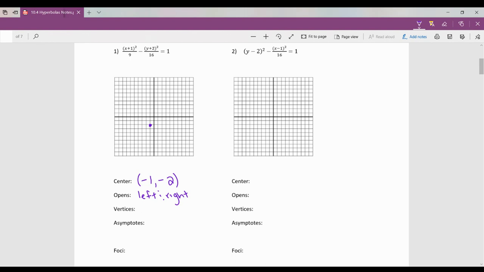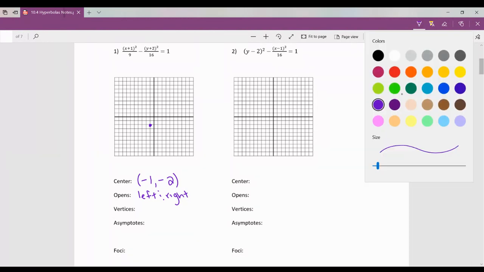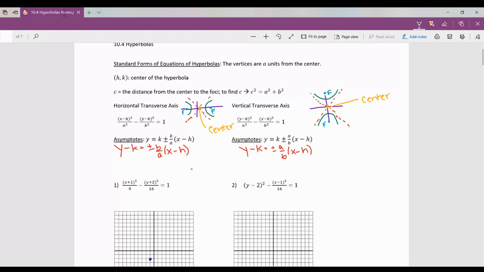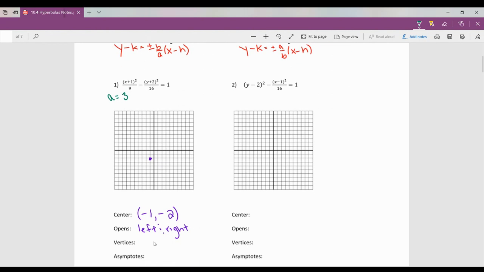All right, so now my vertices. I'm going to change color. What I do with my vertices is I take my a, the square root of the number under the first fraction, so a is going to be 3. Because it opens left and right, we're going to count 3 to the left and 3 to the right.